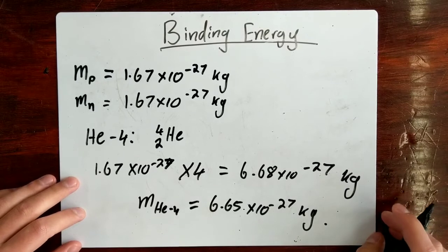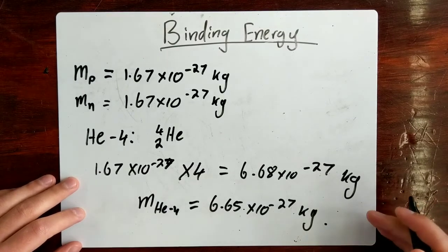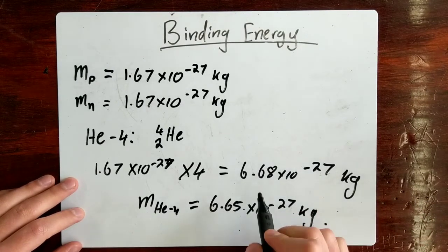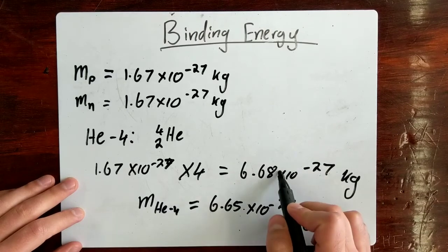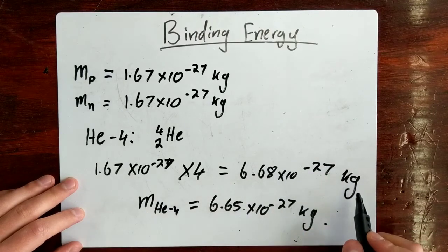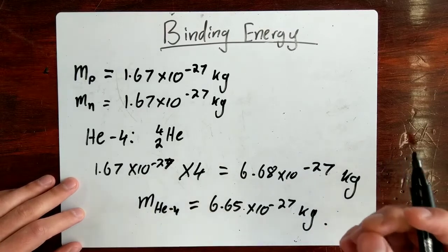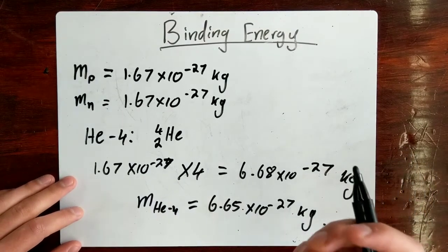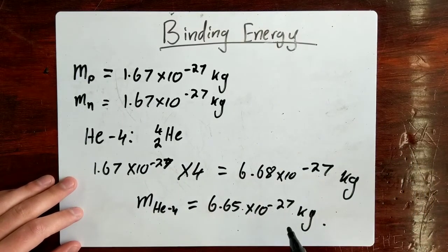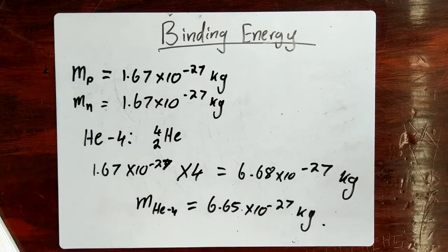So what's gone on here? If we add up the mass of 2 protons and 2 neutrons, we get 6.68 times 10 to the negative 27 kilograms. But when we actually weigh the mass of a helium-4 nucleus, we get 6.65 times 10 to the negative 27 kilograms.